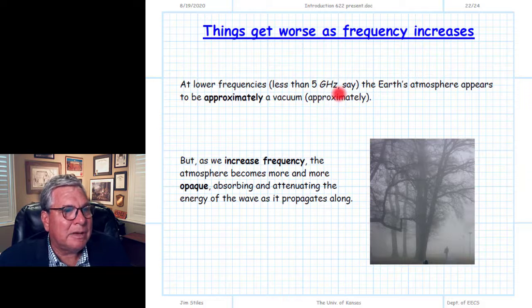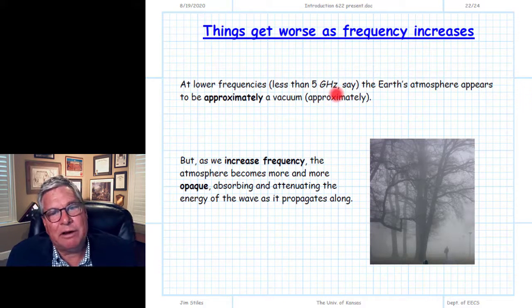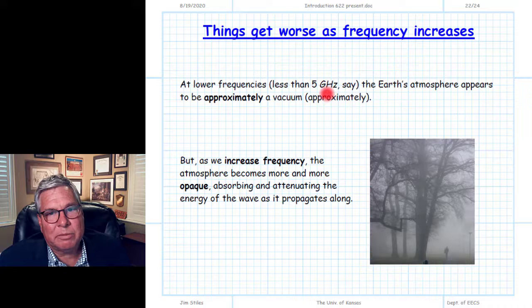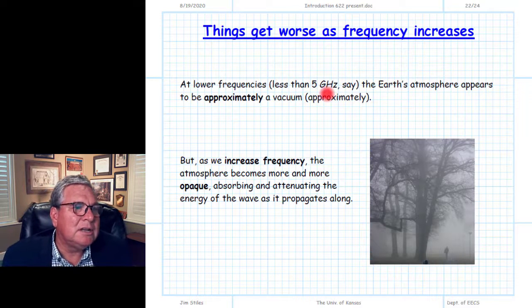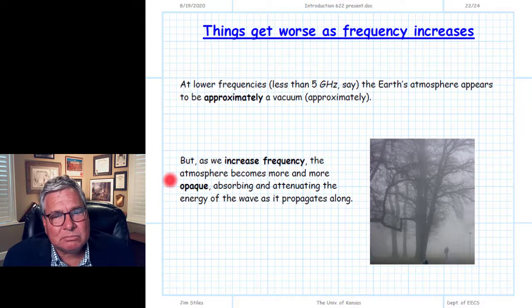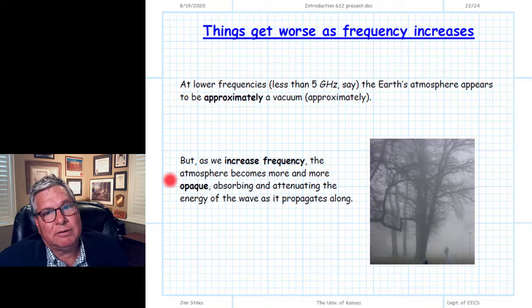The only things that would want to go higher than that would be things like radar. But as we've talked about, the spectrum is getting so full that we're pushing far beyond 5 gigahertz. From 5 to, let's say, 18 or 20, we find that the atmosphere is pretty transparent, as long as we don't have precipitation.